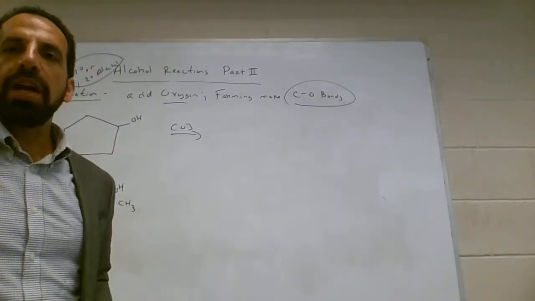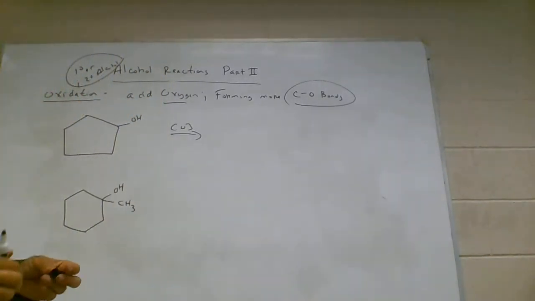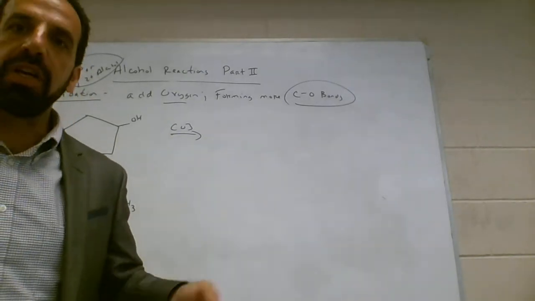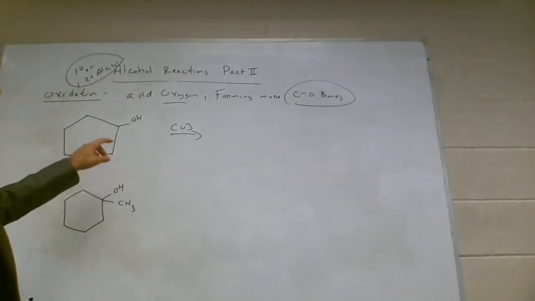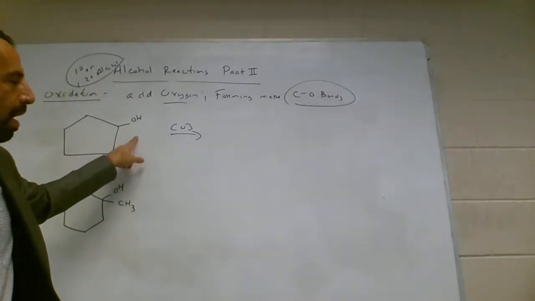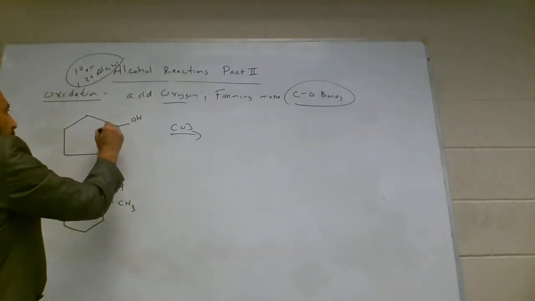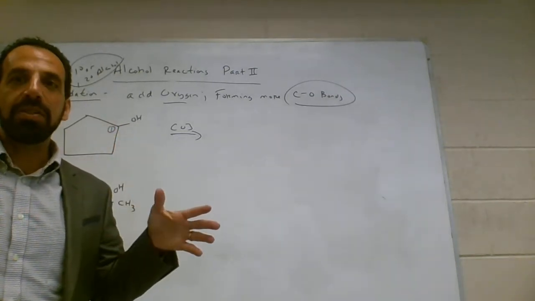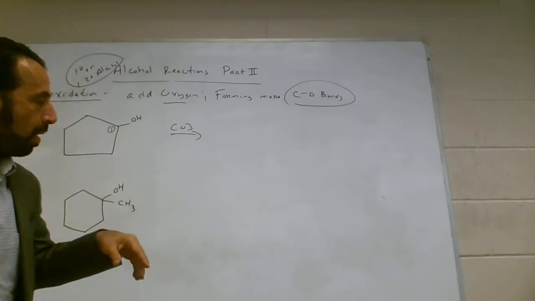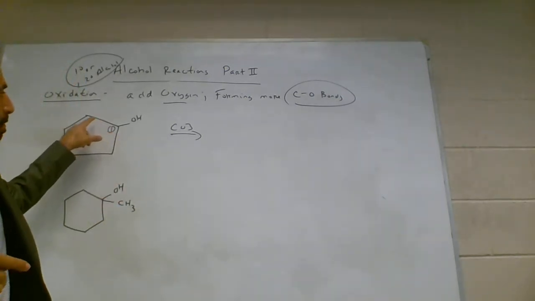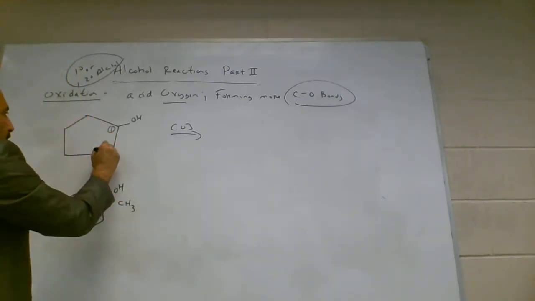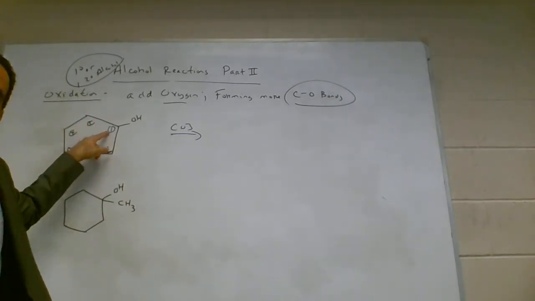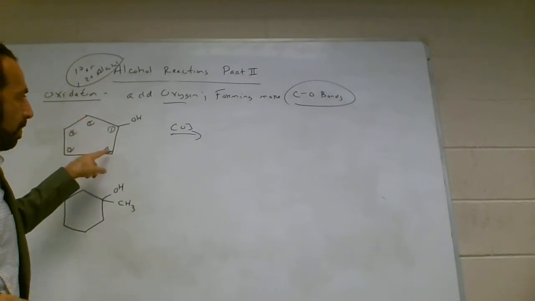Let's take a look at these two reactions and try to see if we can predict the products. Again, the best way of doing this is to classify as primary, secondary, or tertiary before you get started. So I'm looking at this top one right here. I'm looking at this carbon, carbon number 1. For cyclic ones, you may have to add hydrogens or put the hydrogen in there to make it clear to you. So carbon number 1, let's label these anyway, 1, 2, 3, 4, 5. It's bonded to carbon number 5 and carbon number 2.